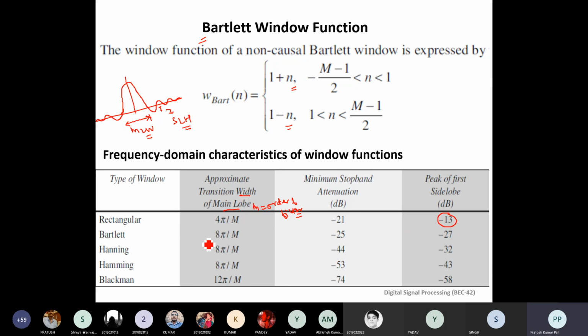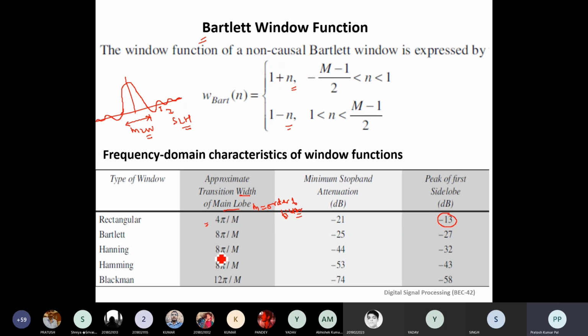As we proceed further, in the case of the Bartlett window, it is 8 pi by m, and the stop band attenuation comes out to be minus 25. In terms of the main lobe width, it is minimum here in the case of 4 pi by m.